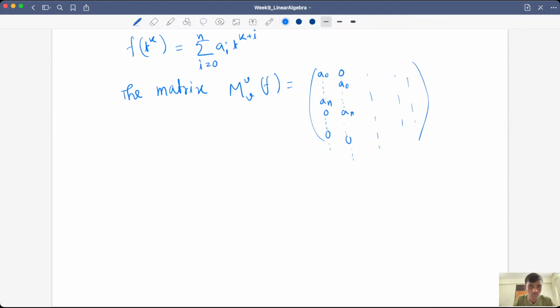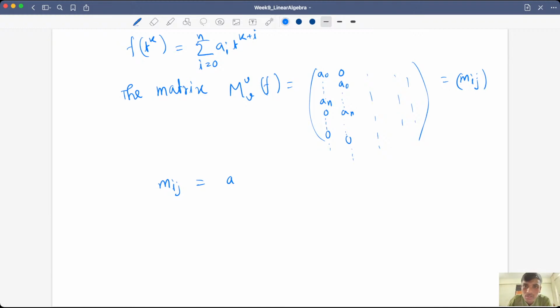So again, if I write just m_ij, then m_ij will be, for j equal to 1, so just look at the pattern.